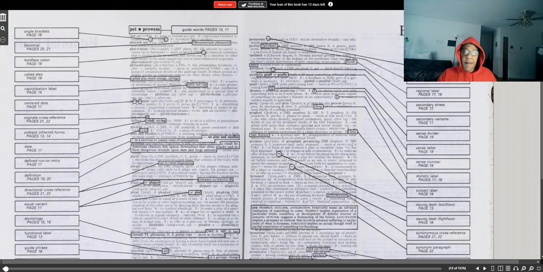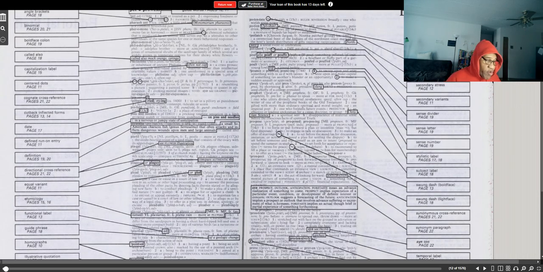Right down here, you see page 17, and you see the arrow going up there. This one says 13th century.